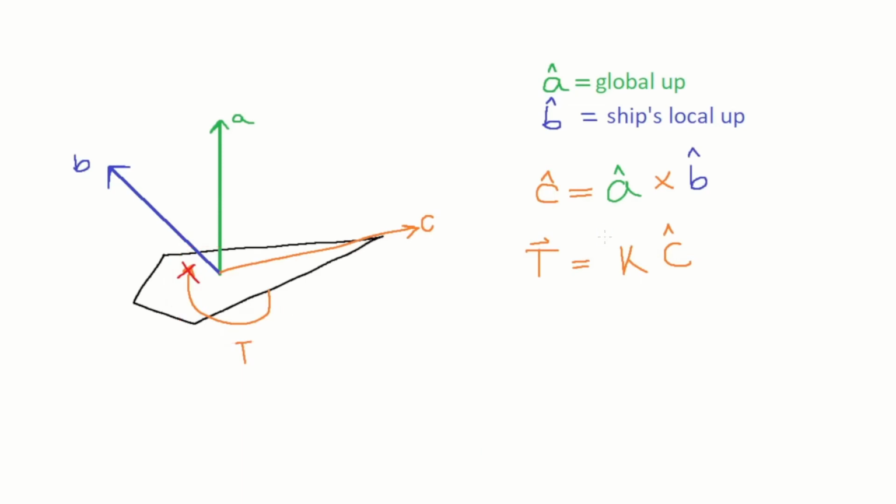That's why when we applied this negative sign, you can either think of it as flipping this vector and continuing to use the right hand rule to find torque, or you can think of it as flipping the right hand rule so that it goes in the opposite direction. So technically, I guess you could say it's the left hand rule at that point. Now if you point your left thumb in the direction of C, your fingers will curl clockwise, which will give us this original torque that we had wanted.